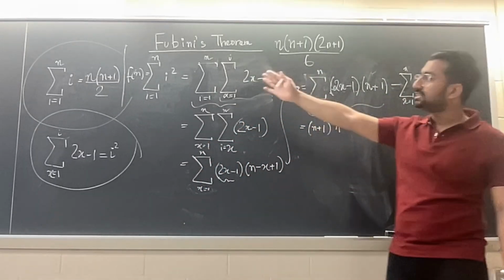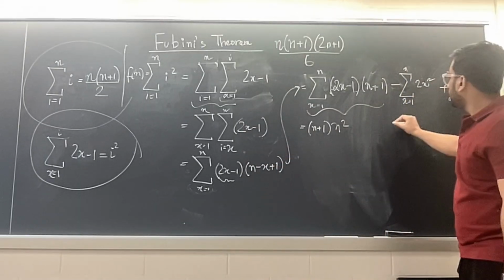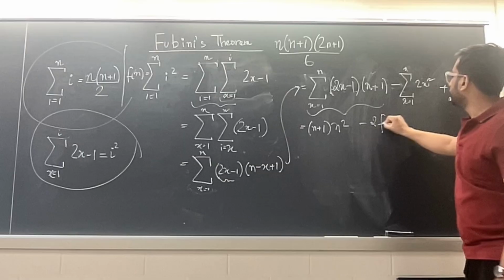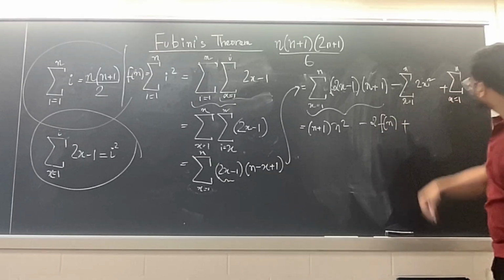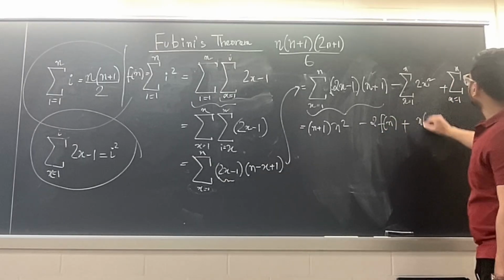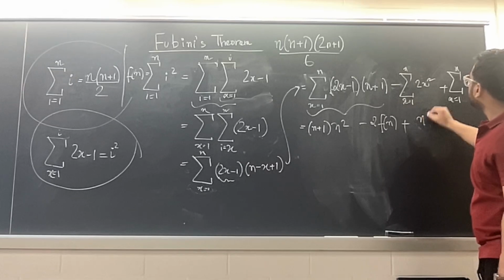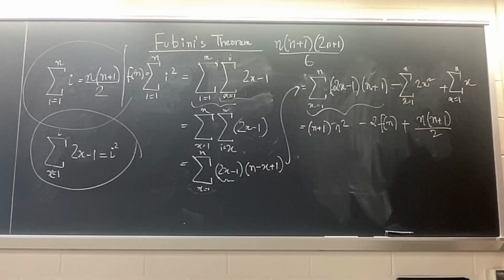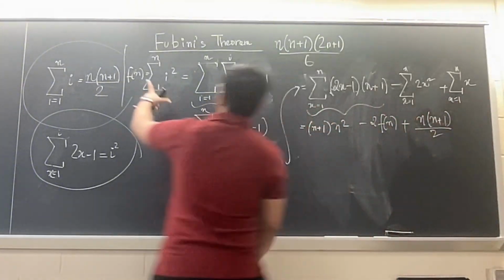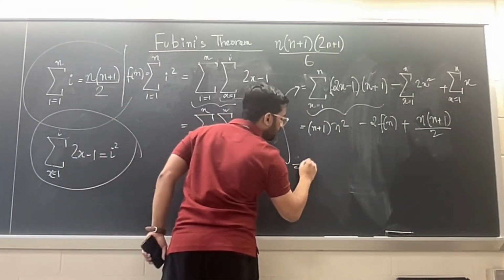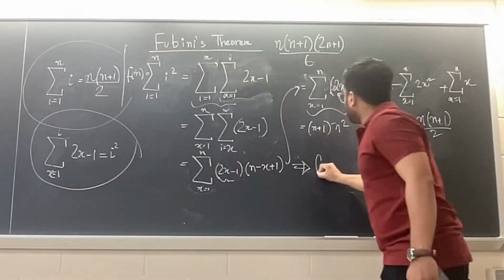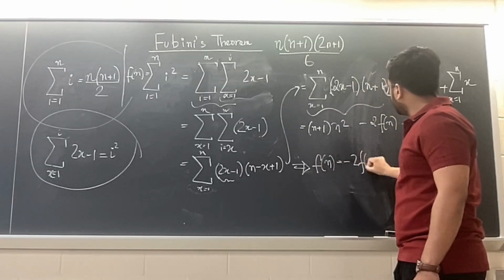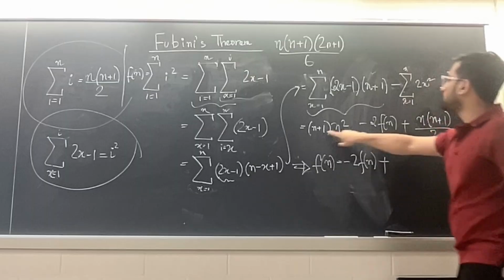The good thing is that this is minus of f of n. So minus twice the f of n, plus n into the same thing, the linear, the one-dimensional aspect, n by 2. Now it's very beautiful. So we have f of n equal to minus 2f of n plus this quantity.